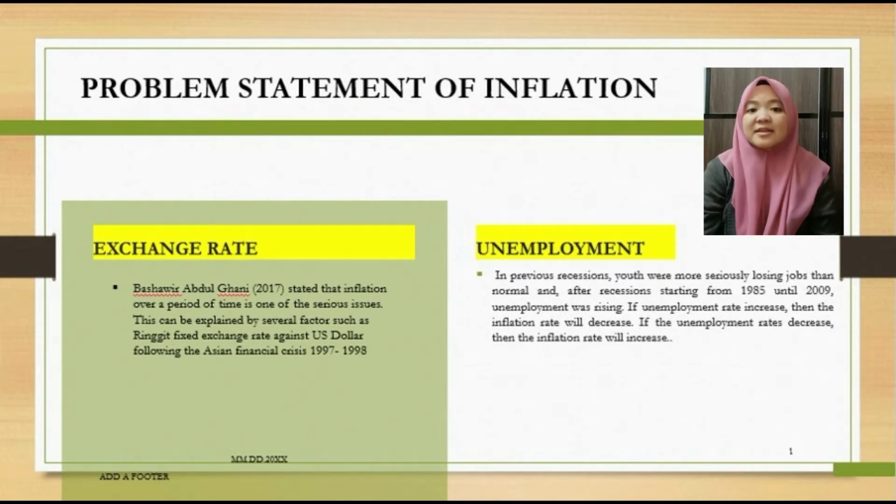The second factor of inflation is unemployment. The problem statement is, over the last decade, the youth unemployment level has risen to the national average.